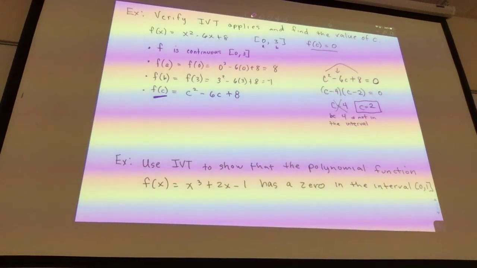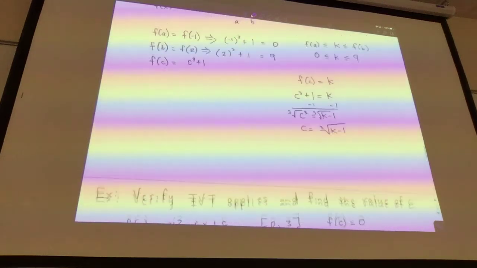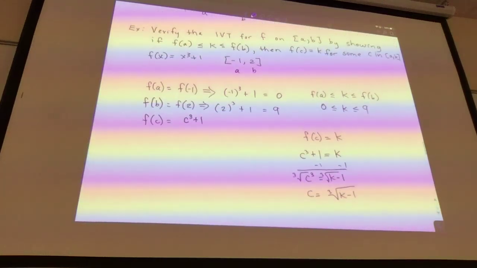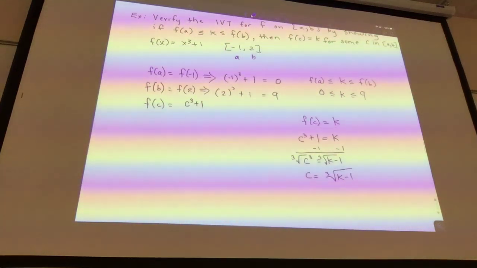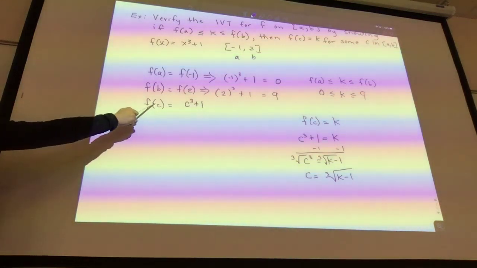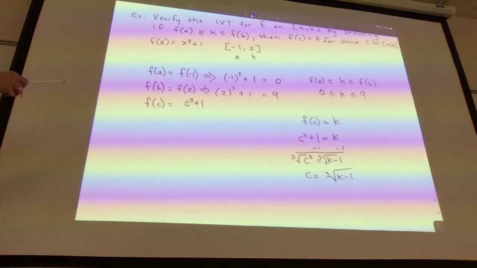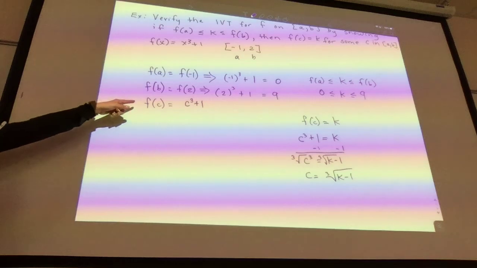Okay, and on the one before that, I didn't want to stop you. But you know how it said K was equal to F of C? Could you just plug in C cubed plus 1 where K is and then evaluate that? Yeah, you would plug in a K right there. That's kind of what we did, I just moved it over there. But like we did over here, you can plug in K right there.